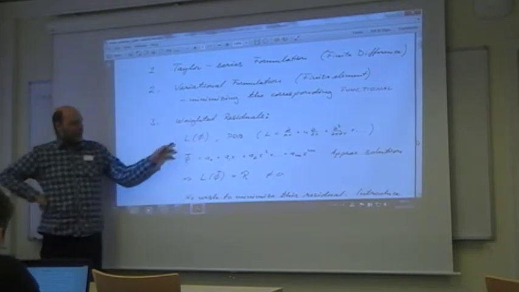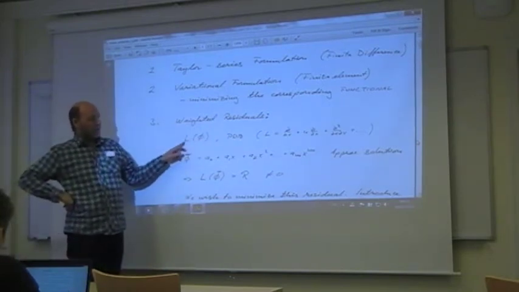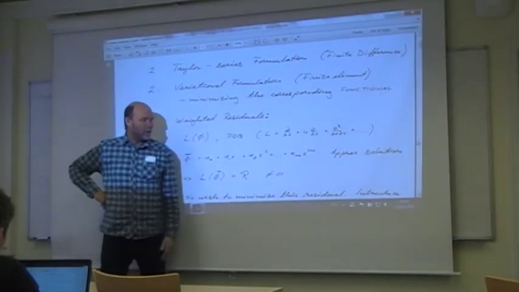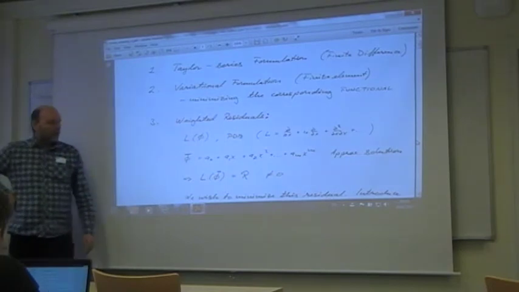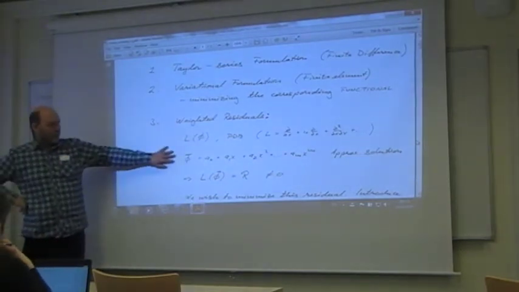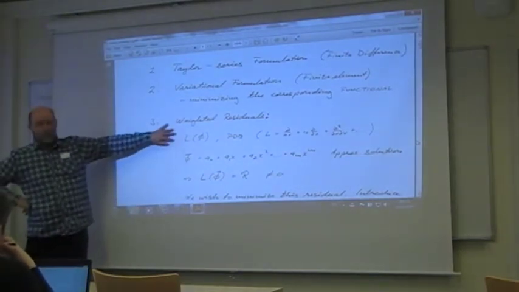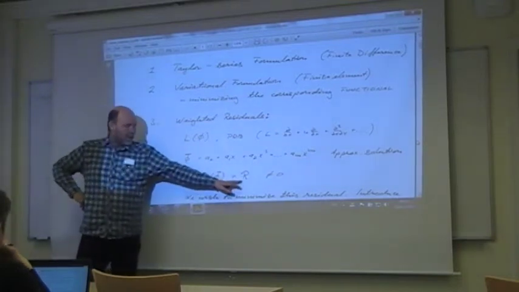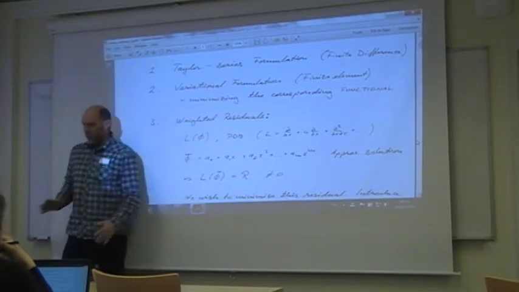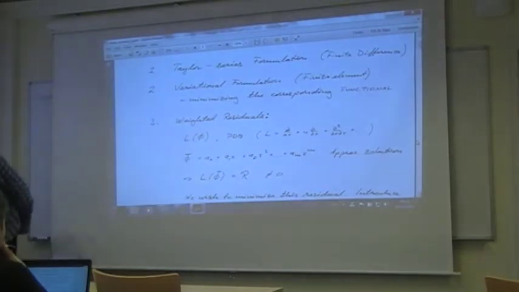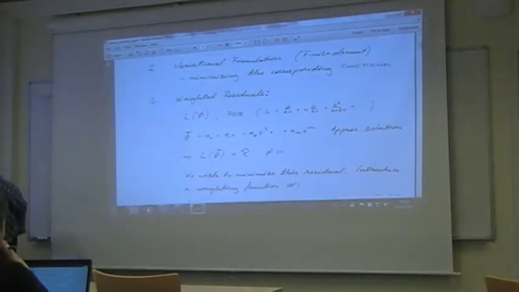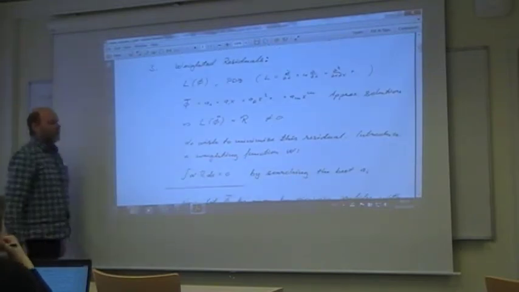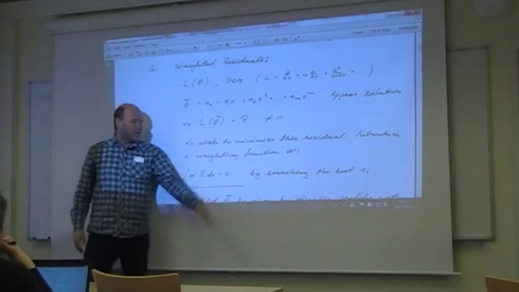So you have an original differential equation, partial differential equation. L here is just an operator, a lot of different derivatives. And then we approximate a solution, and then we insert the solution into the equation, and then we get not zero, we get a residual. And of course we want this residual to be as small as possible. That's our aim. So it's again a minimization problem. Get the residual as small as possible.